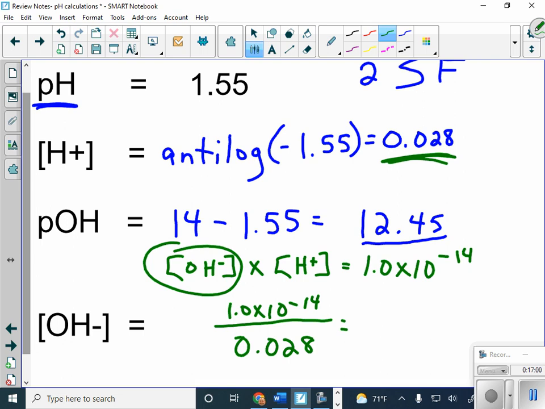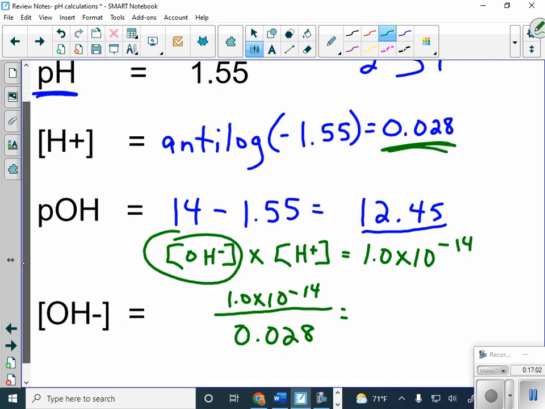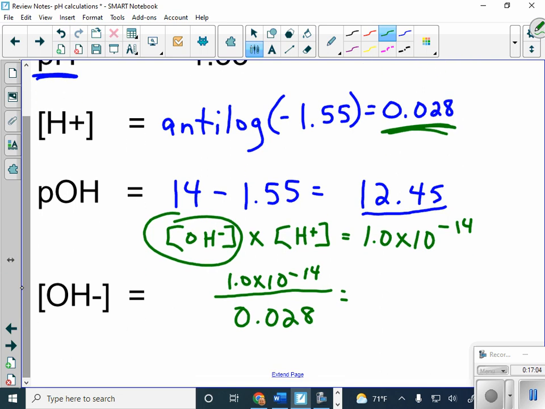And when I do my math, 1.0 times 10 to the negative 14 divided by 0.028 gives me a value of 3.571428 times 10 to the negative 13.